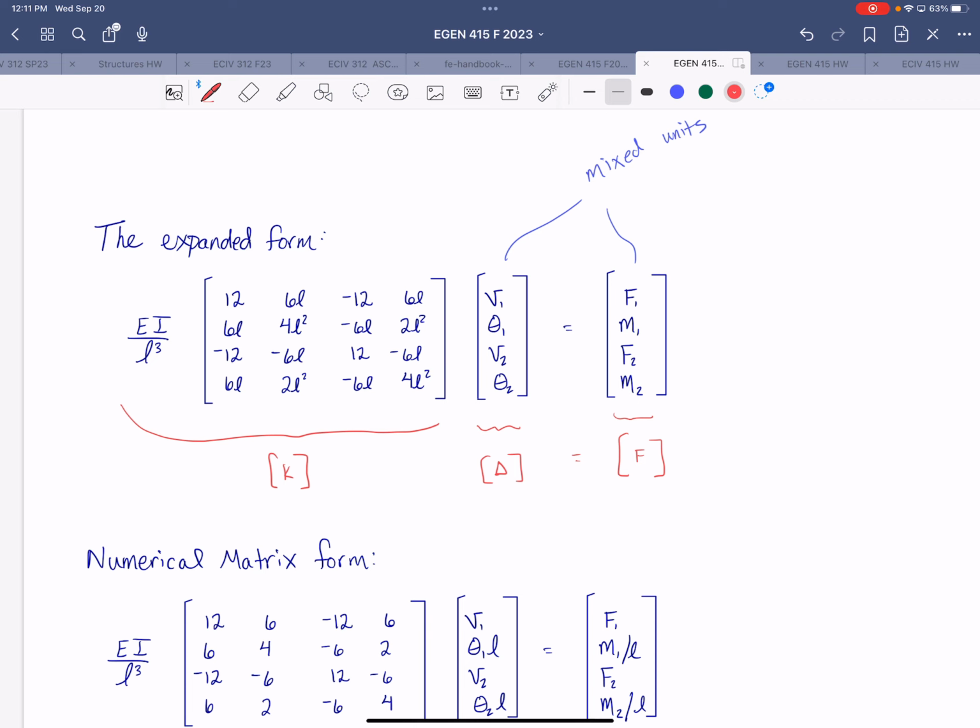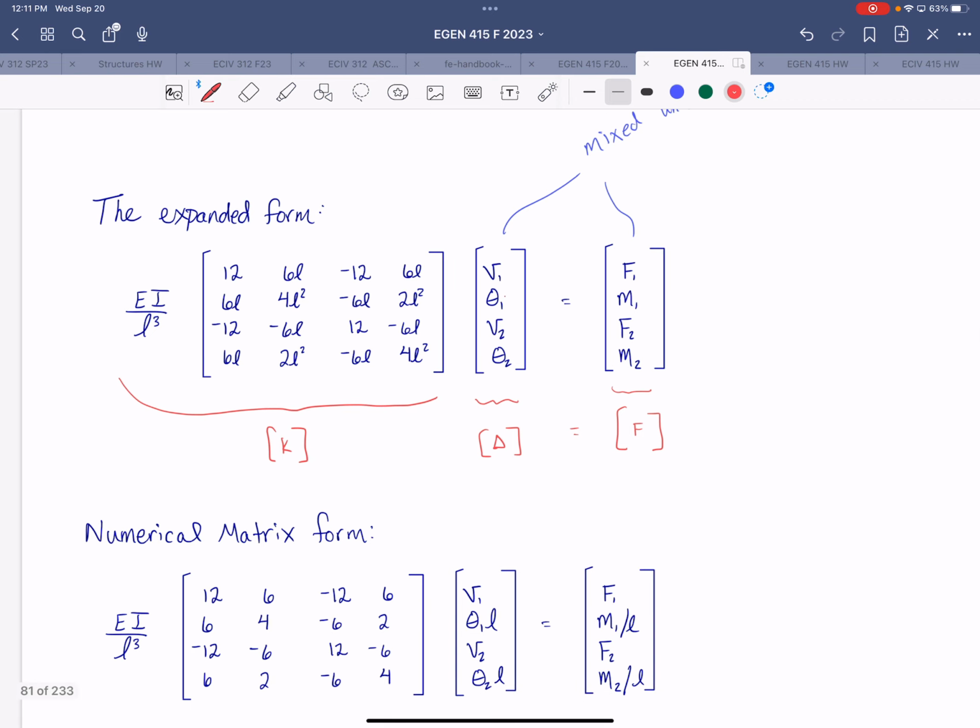So in order to do that, we will multiply our rotations by the length of the element. And in doing that, remember the second column in this matrix gets multiplied by theta 1 L, the fourth column gets multiplied by theta 2 L. So if we multiply those rotations by L in this matrix, that means we are essentially removing it from the columns that are associated with that value.